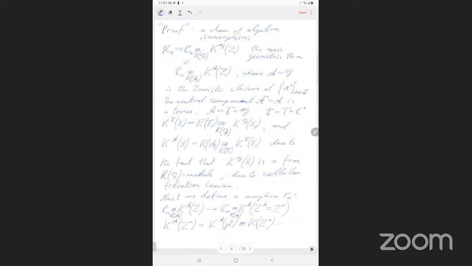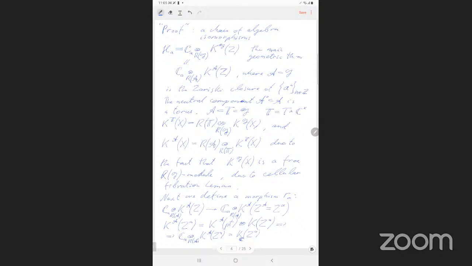So it follows that C tensor this equivariant K-theory is just the non-equivariant K-theory of ZA, but maybe complexified.